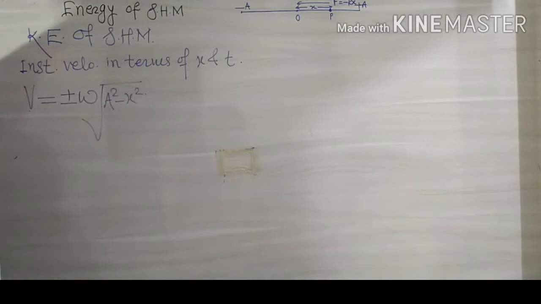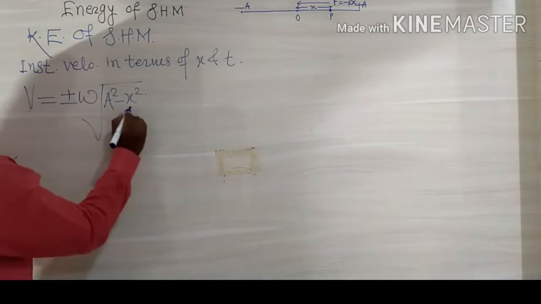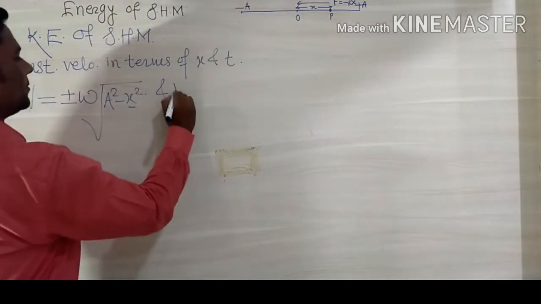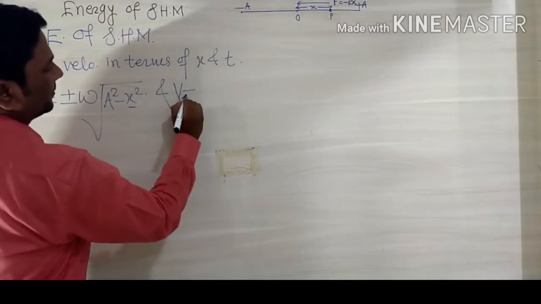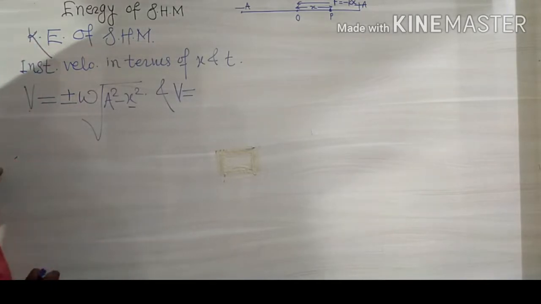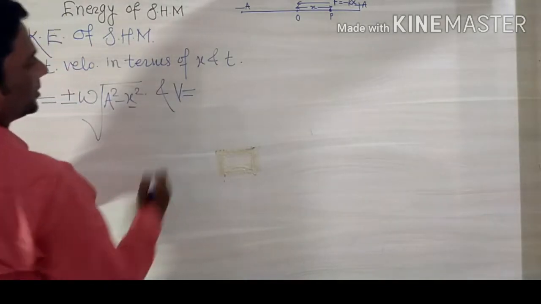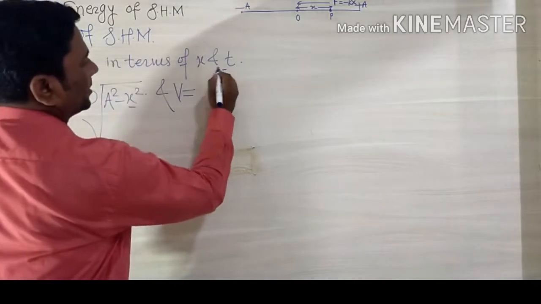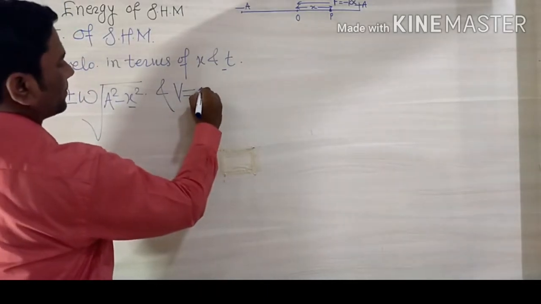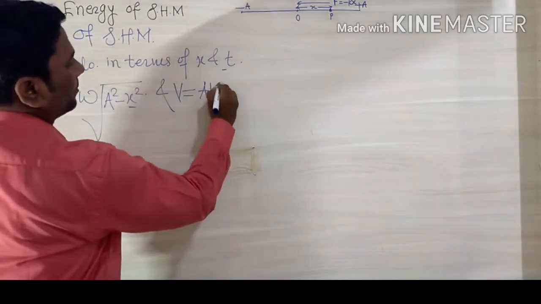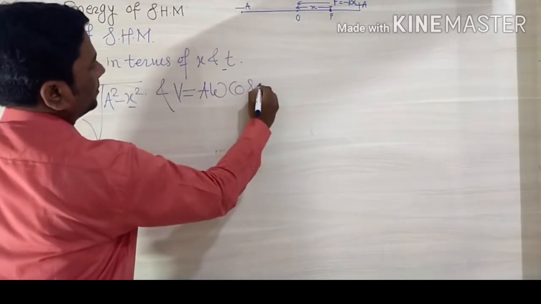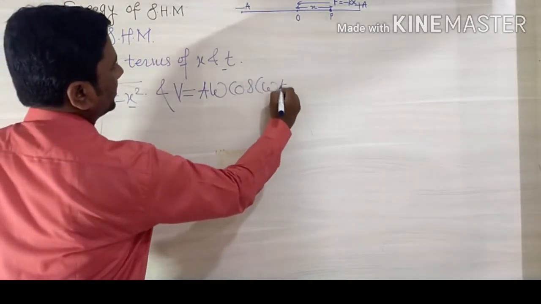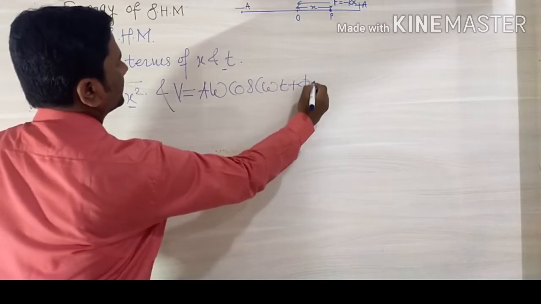That is the general equation of velocity in terms of x, and by differentiating the general equation of displacement we get the velocity in terms of t, that is v equal to a omega cos of omega t plus phi.